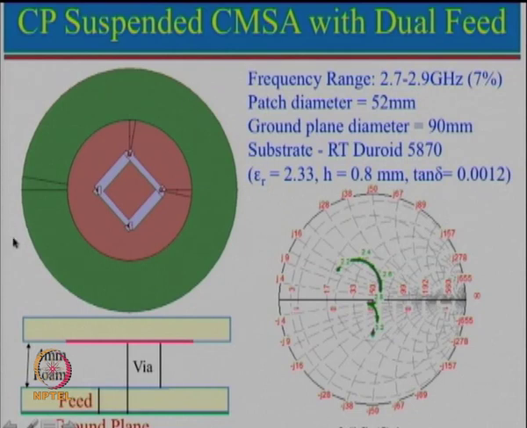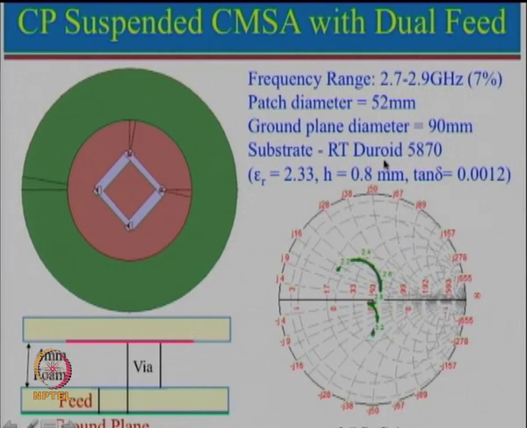So that is a circular ground plane which we have taken, and then we have a circular patch here which is printed underneath of this substrate over here, and that is suspended. Instead of in the air, we have actually used a foam to provide a proper support. Otherwise we can use air also, then you have to provide support over here. So this foam provides a support, and these two are substrates.